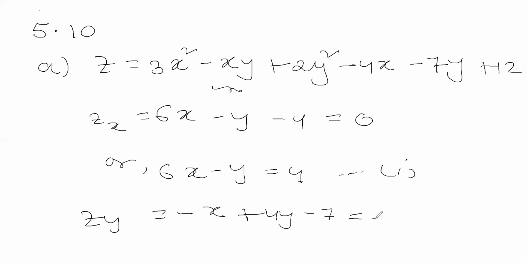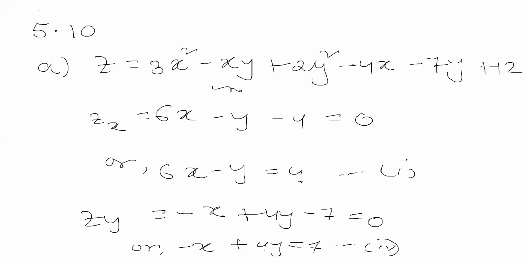Set it equal to 0. Then from here we can also write that a negative x plus 4y is equal to 7, and we can mark it as equation number 2.